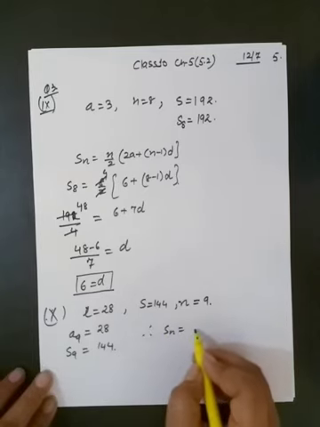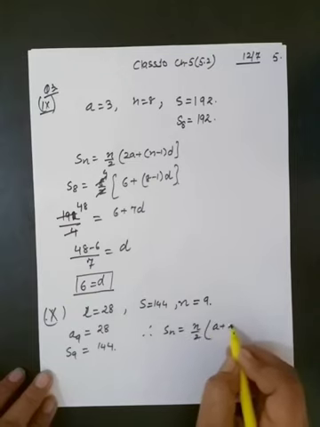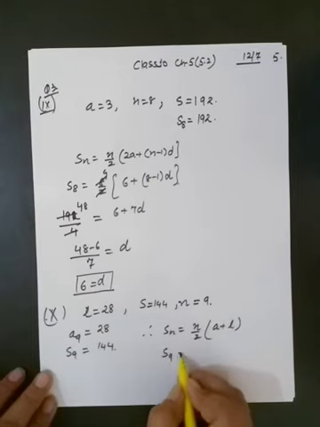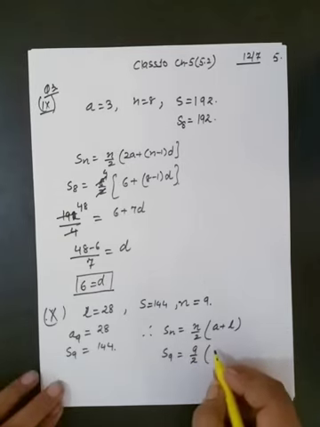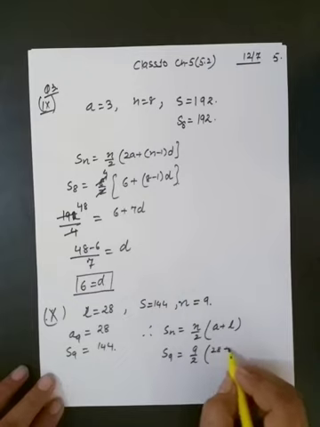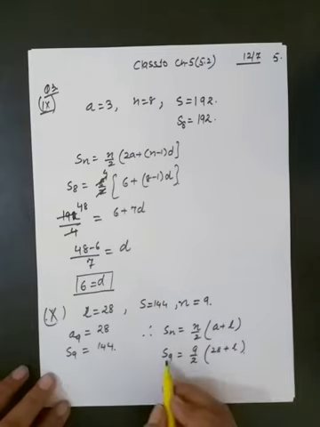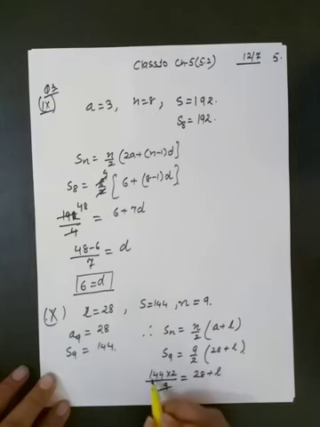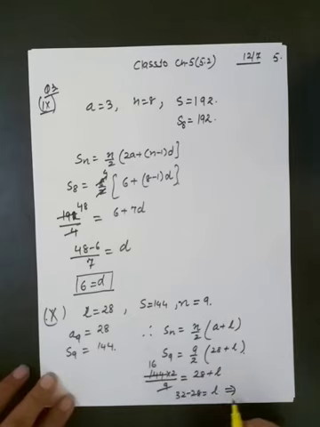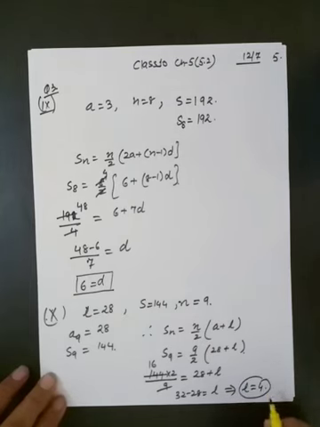Sn is equal to n by 2 into a plus l, and n is 9 here, so 9 by 2 into first term plus 28. In place of Sn we write 144 multiplied by 2 divided by 9 is equal to a plus 28. So 32 minus 28 is equal to l. This gives you l is equal to 4.